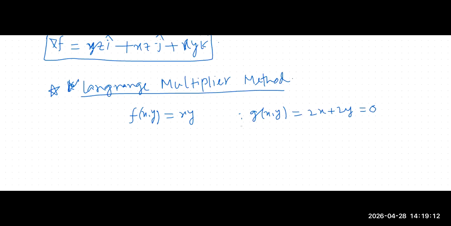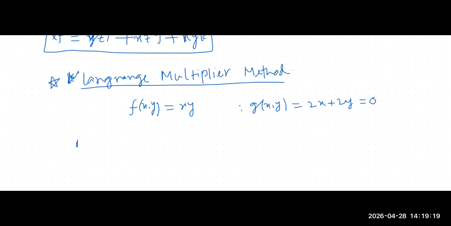Okay, so the question is to maximize... let's write it a little differently: g of x comma y is x square plus y square minus 1 equal to 0.